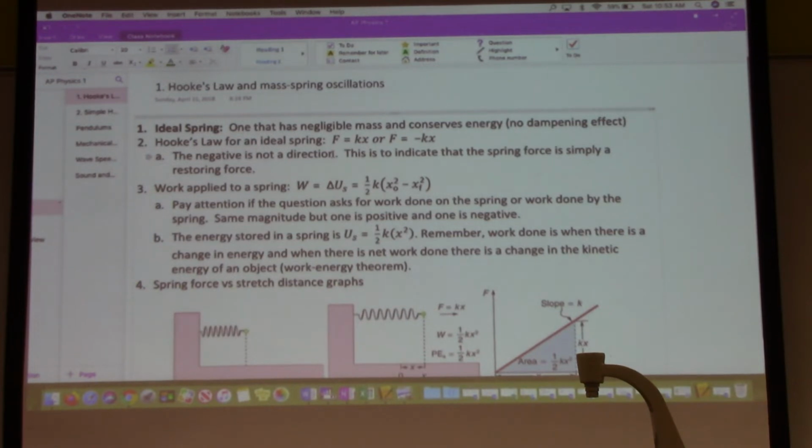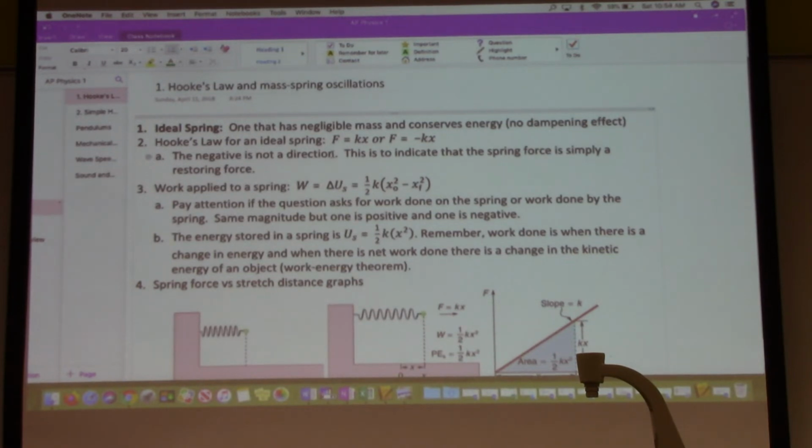You'll also notice on the second equation, it has a negative in front of it. The equation sheet for the AP, I think, does provide the negative, and the AP does typically ask questions about this. This is not a direction as we are used to putting vector notations on it. This simply indicates that the spring is always going to return back to its non-strained state.